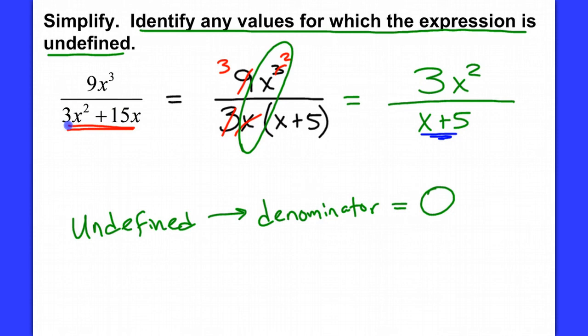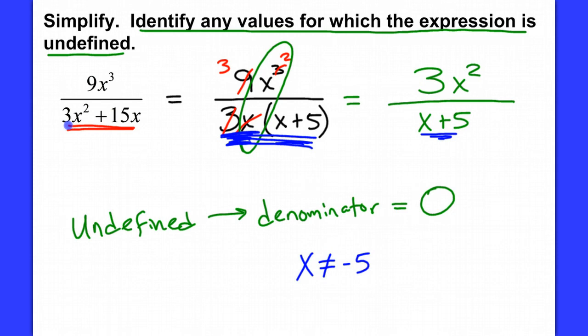Of course, I should have gone back to this value, and I've got two parts here. Of course, x plus 5, we would want to say that x is not equal to negative 5. But you also had this 3x here that was there before we did anything else, before we started eliminating things. And what value of x would make 3x equal to 0? That would be 0 itself.